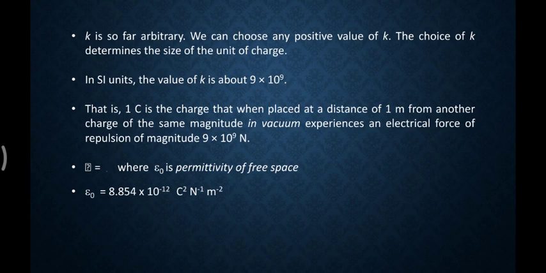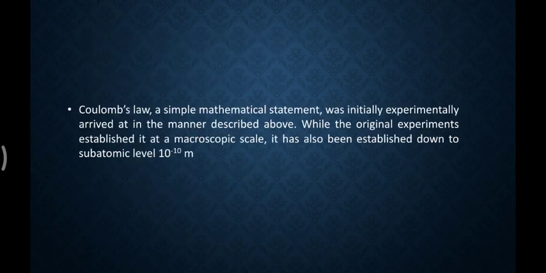Its specific value is 8.854 into 10 to the power minus 12 coulomb square Newton minus 1 meter minus 2. If you put that value into 1 upon 4 pi epsilon 0, you will reach your answer 9 into 10 to the power 9. So by inverting, vice versa, you can find it.